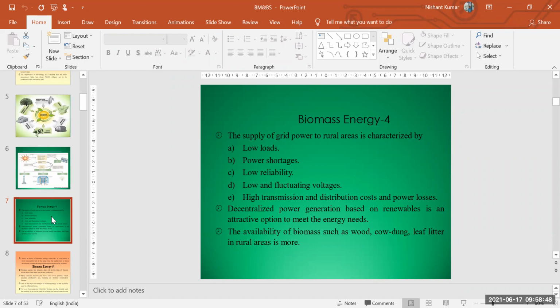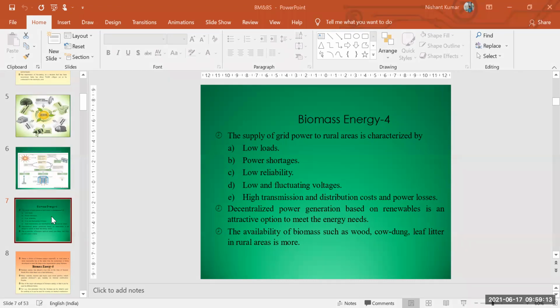This biomass energy could not supply high loads because it is totally dependent on the resources we are getting. That is not abundant in nature. It is there, but for a particular area it has its own capacity.